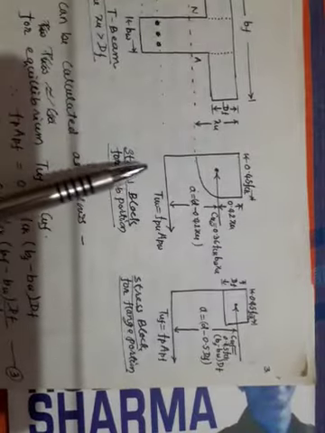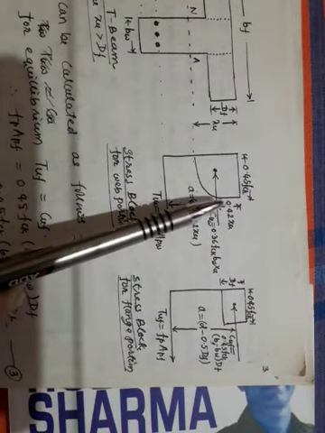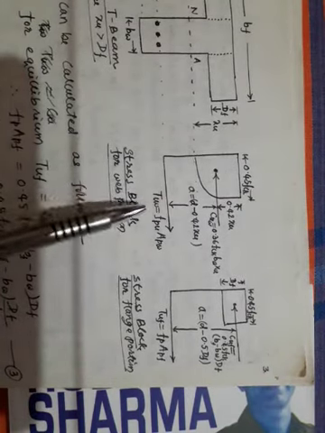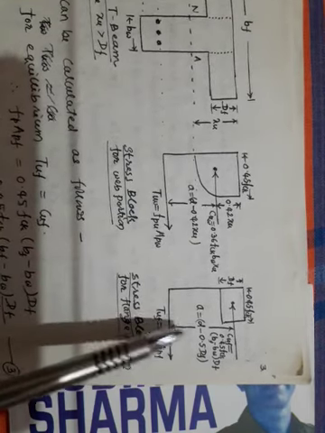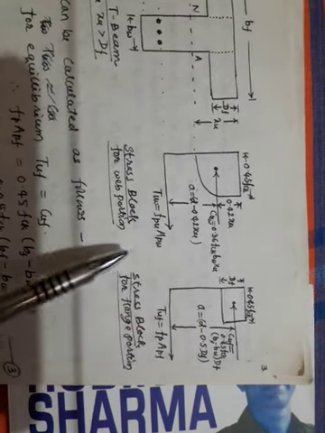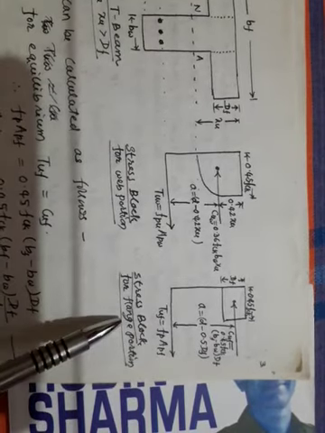The ultimate moment of resistance is given by the moment of resistance due to the web portion plus the moment of resistance due to the flange portion. TUW into lever arm A will give me the moment of resistance for the web portion. TUF into lever arm A will give me the moment of resistance for the flange portion.